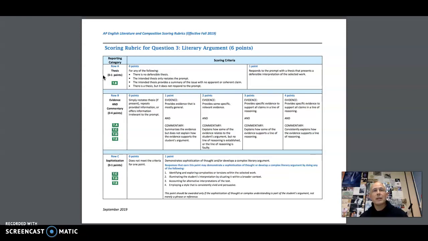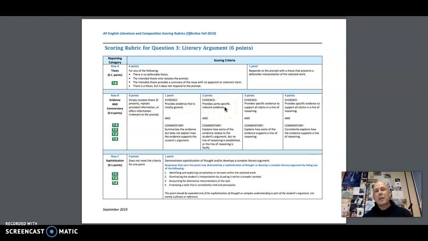Now, the next category, evidence and commentary, is a little bit trickier because some of those points are really dependent on the way that you established your argument through your thesis. If you'll notice here, the 1, the 2, the 0, it just says provide some specific relevant evidence. General evidence.